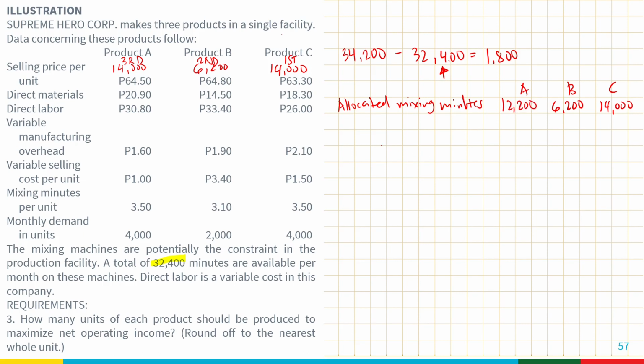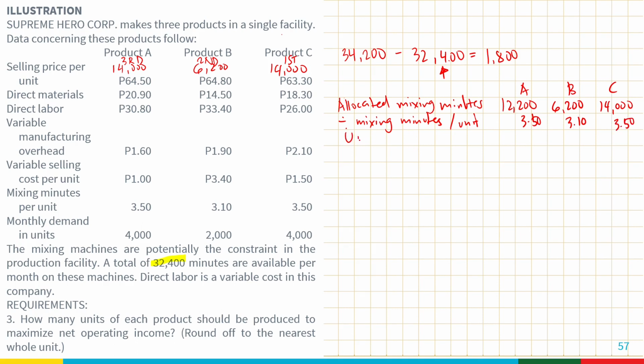And then, let's divide that by the mixing minutes per unit. So, that is 3.5, 3.1, and another 3.5.